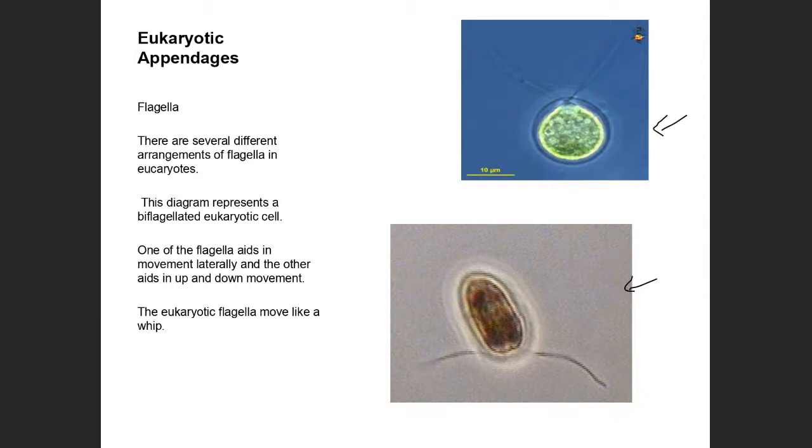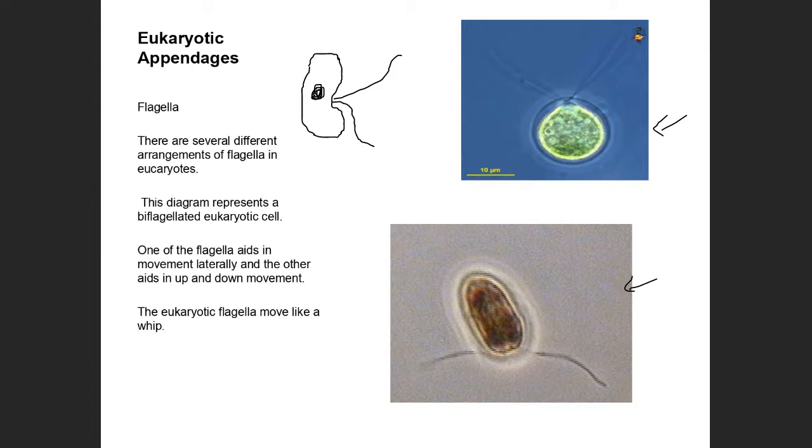They have a biflagellated arrangement for their flagella. Here's the nucleus, right? And then they have two flagella. Okay? They are the structures of locomotion, right? They are attached to a basal body inside the cell, not the plasma membrane, right? And ATP powers them. Okay?